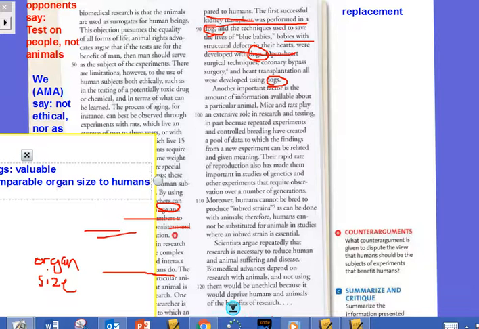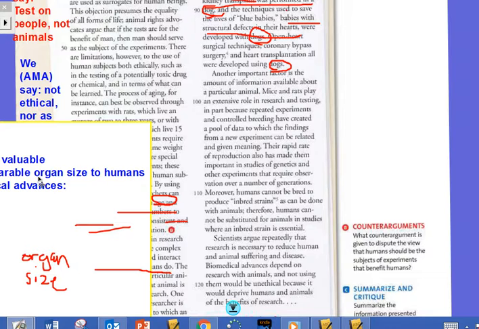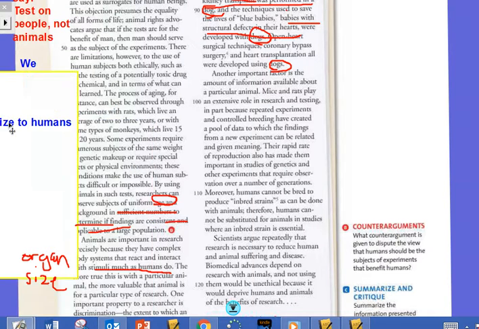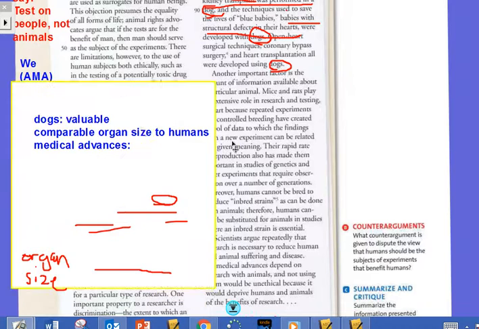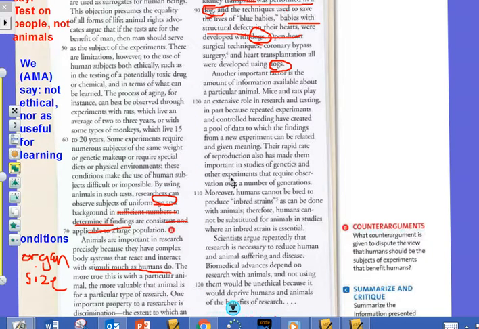And because of that, medical advances have been made. And what are those medical advances listed here? All because of dogs. Additionally, we probably couldn't have tested transplants on humans, right? Not so ethical.